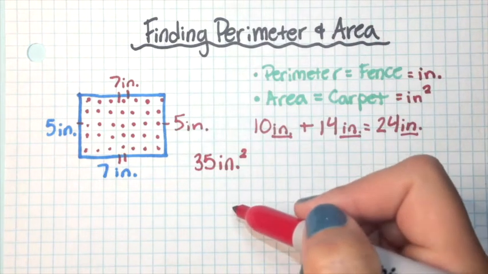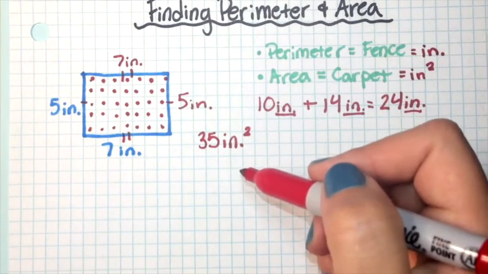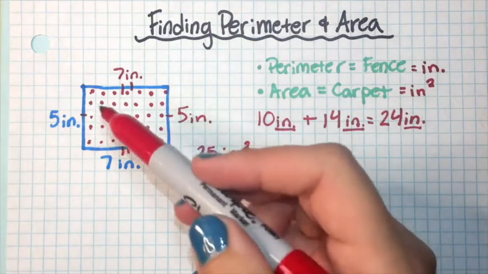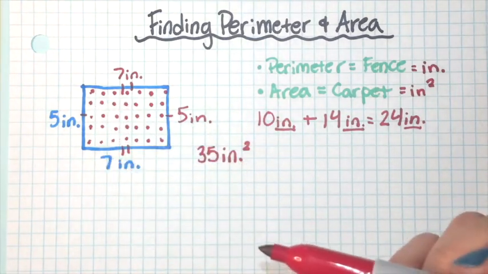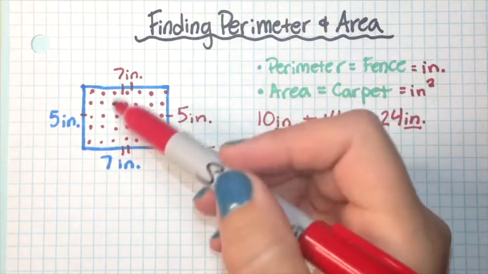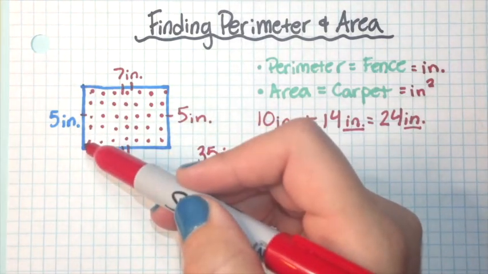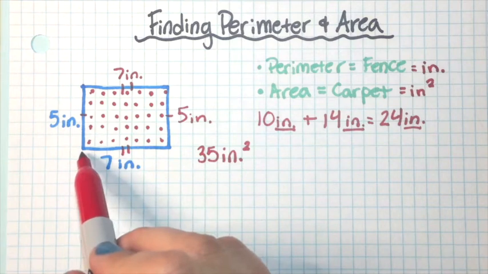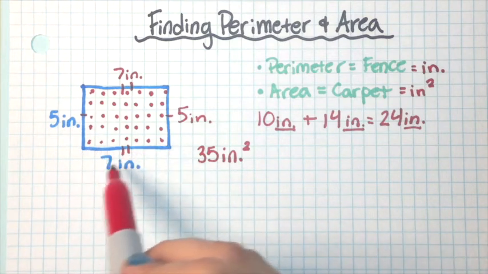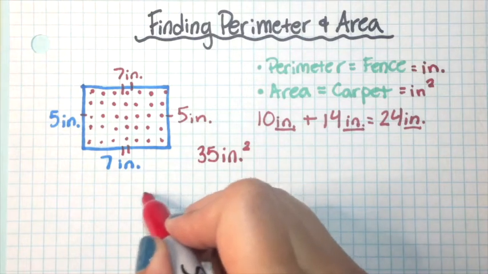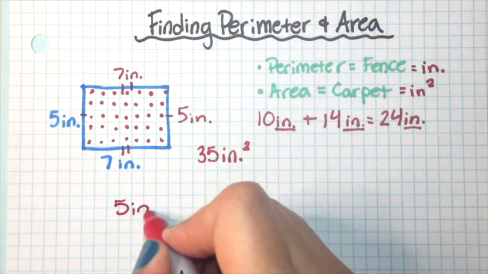Another way to do this, which is a lot faster and I prefer it, especially for those of you that are a little better at your multiplication facts, is to take one side, which is our 5 inches, by the second side, which is our 7 inches.